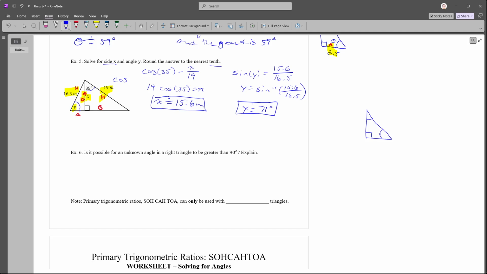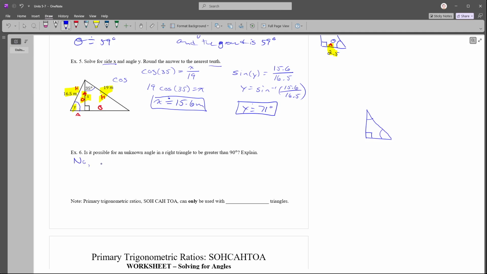The answer is no. The reason being is that, remember, there's only 180 degrees in a triangle. That means that the 90 degrees has to be the largest angle because the other two have to add up to the other 90. So you can't have an angle of 0 degrees. So that means that they have to be less than 90 degrees. So the answer is no.